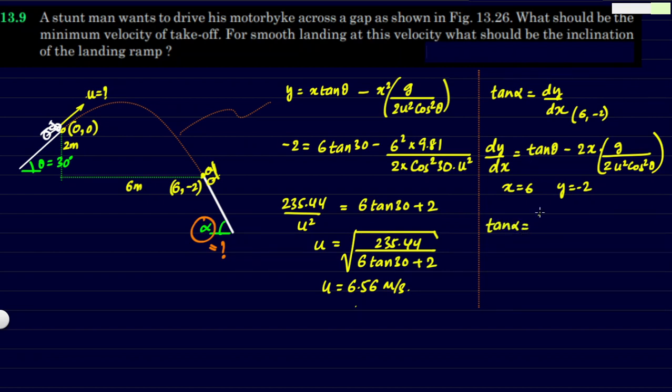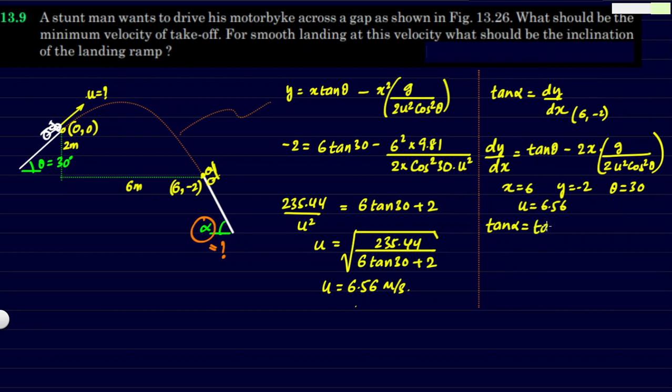Theta, of course, is already given, so that is 30. The value of u, the velocity with which it is leaving the platform, we just now calculated, that is 6.56. g is constant, of course. All these values you just need to substitute here, and you will be able to find alpha.